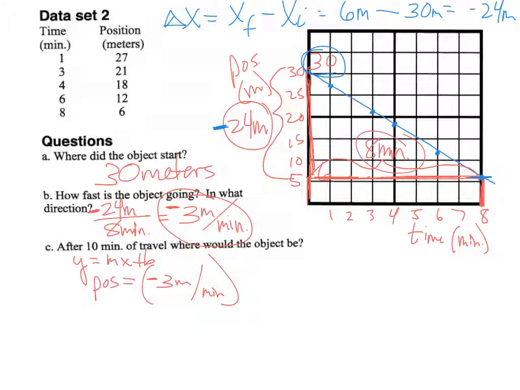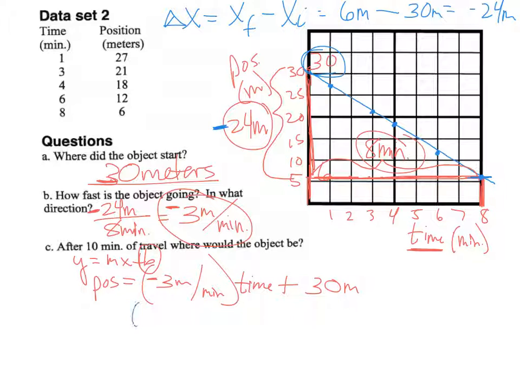Times the x variable, which is time. That's the variable on the x-axis. And I can't forget about the b. I have to add the y-intercept, which we wrote down up here. That's 30 meters. Now, if I want to know where the object would be after 10 minutes, I'm going to have to plug 10 minutes in for time and do the math.